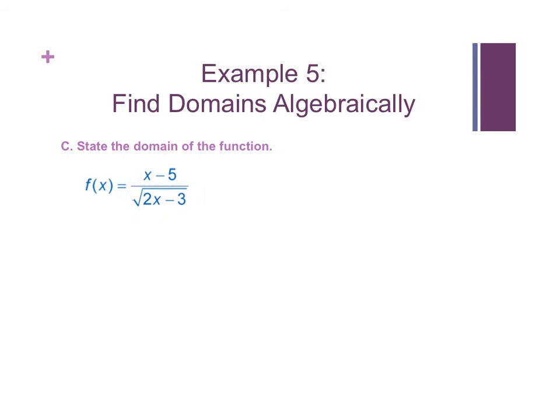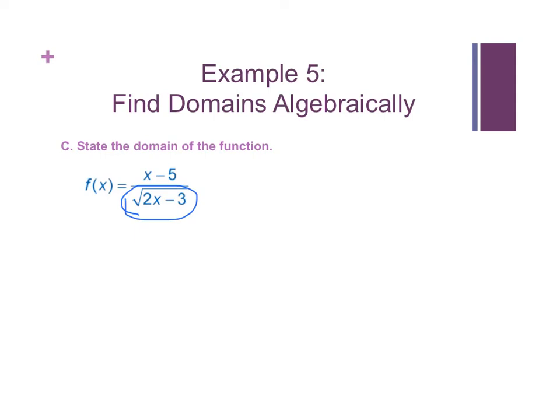So this whole thing on the bottom, I'm going to circle. It can't be negative because of the radical. We don't want a negative underneath the radical because we can't square root a negative number. And we don't want it to equal 0 because we can't divide by 0.